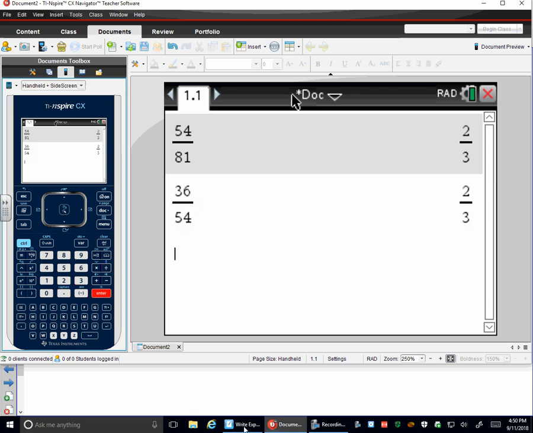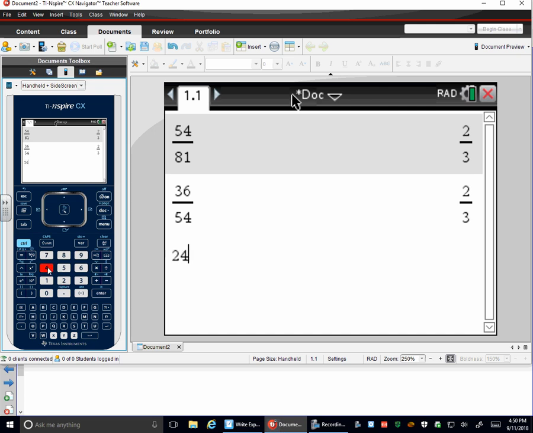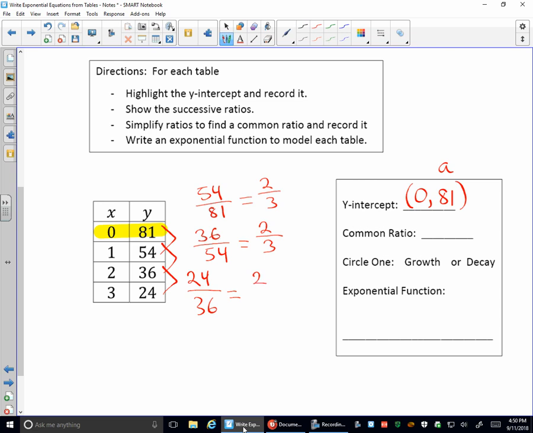Okay, we get 2/3 again. All right, one last time to see that common ratio. So we have 24 divided by 36. And we get 2/3 again. So we do have a common ratio of 2/3. And keep in mind that this is the b.